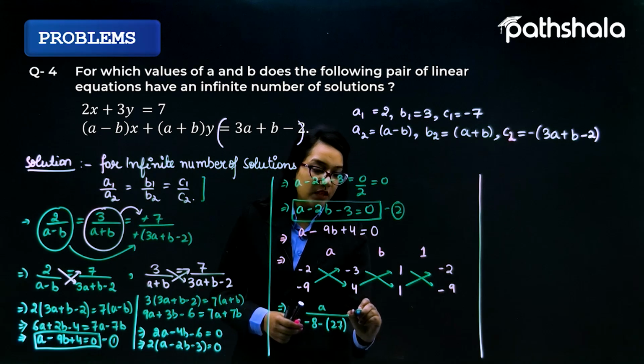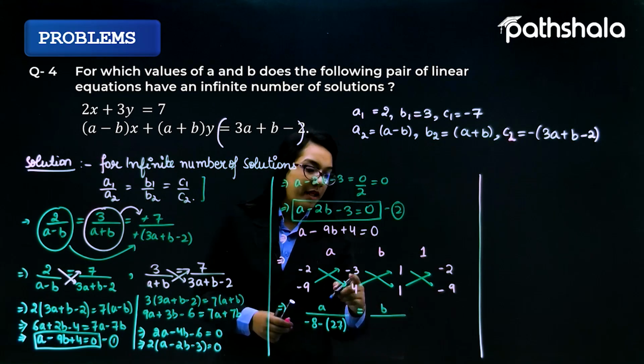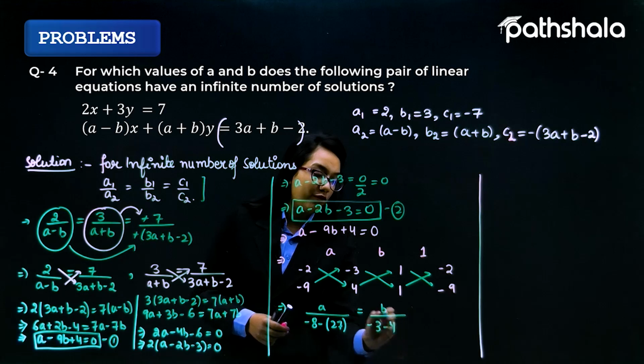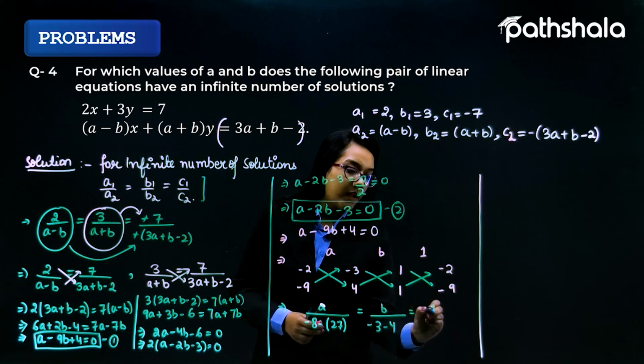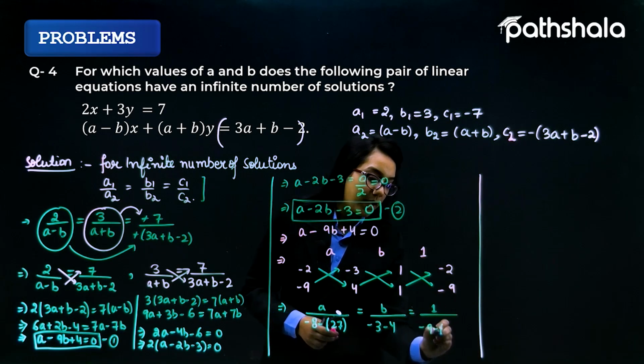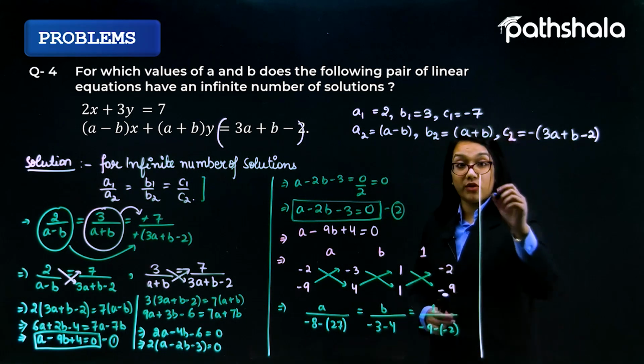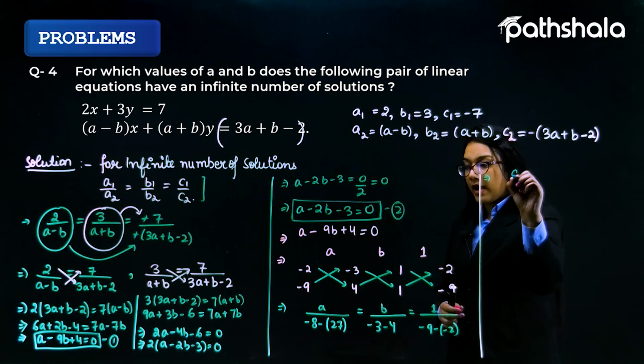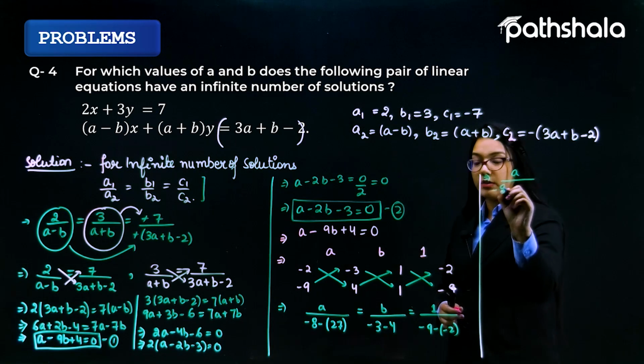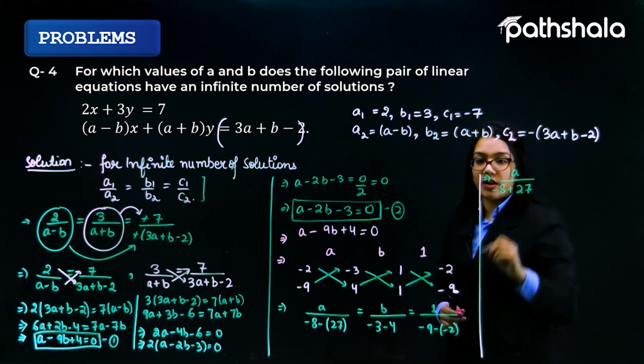Further we have is equal to b divided by minus 3 minus 4. Further we will have 1 divided by minus 9 minus 2. So let's just solve these values. So first of all we will have a by minus 8 plus 27.